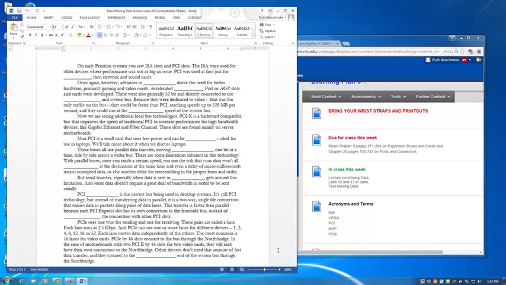Because they were dedicated to video, that was the only data traffic on the bus, so they could be faster than PCI, reaching speeds up to 528 megabytes per second, and they could run at the complete speed of the system bus.